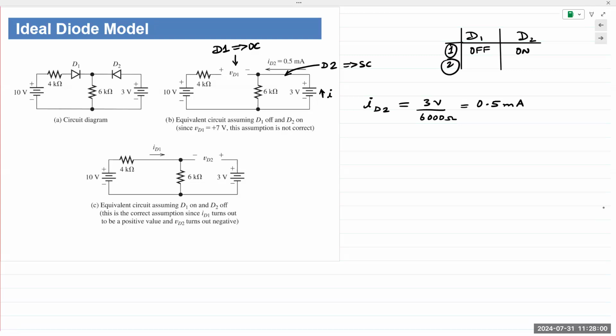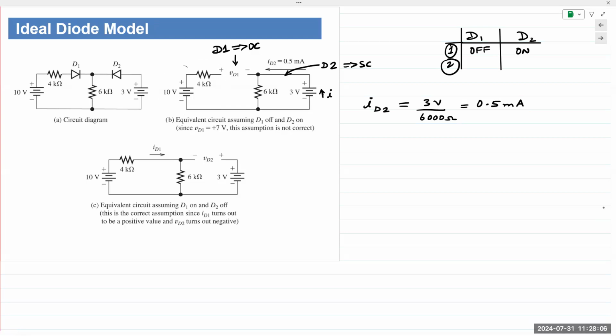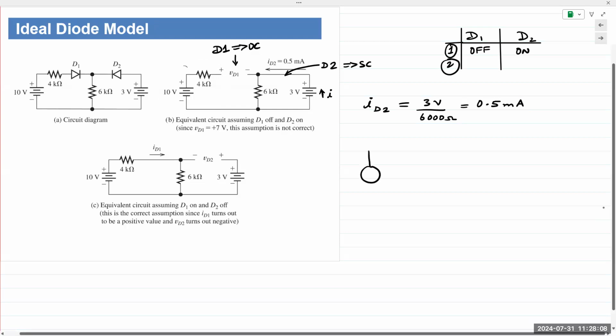What do we see? We have the left side of the circuit, and I'll draw this out here separately. This is 10 volts. And of course, the bottom node is the same between the two circuits.